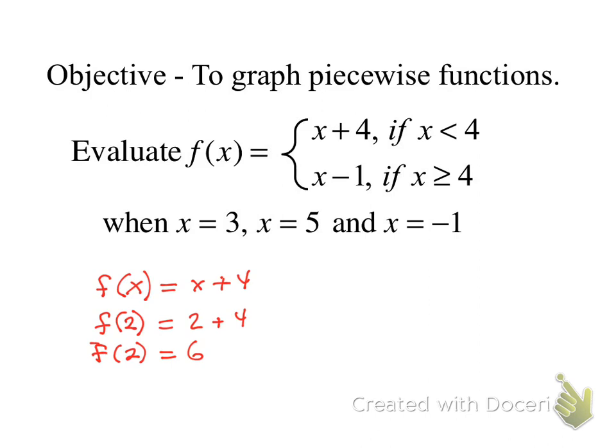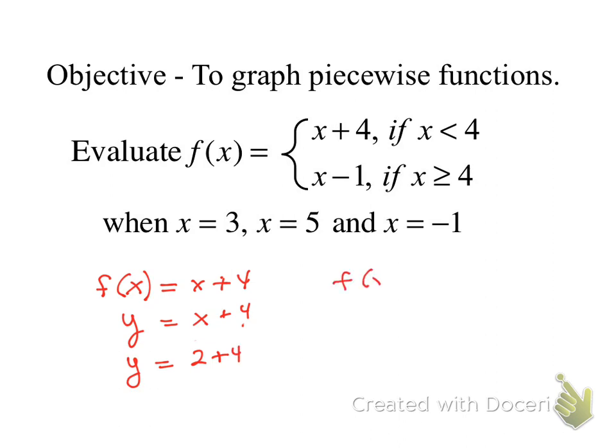Does that make sense? That's just a quick review on our function notation. It's a way we write the equation. The f of x really is just the fancy way to write y equals x plus 4.